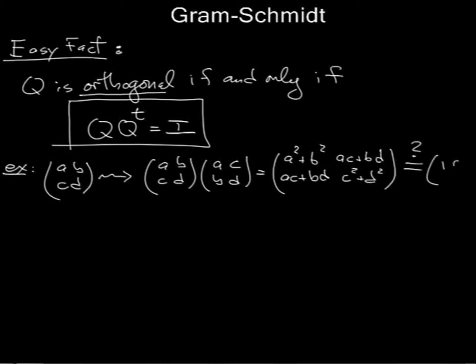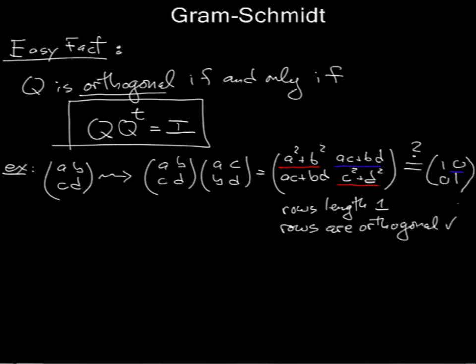And I'm asking, is that equal to the identity? That's the condition that I'm checking. It holds if a squared plus b squared and c squared plus d squared are both 1, which is to say the rows have length 1. And then ac plus bd equaling 0 says that they're orthogonal. And if you think about it, when you multiply Q times Q transpose, you're taking the dot products of all of the rows of Q with all of the other rows of Q. So that's why this is true.